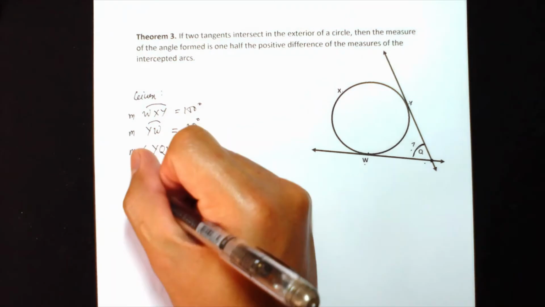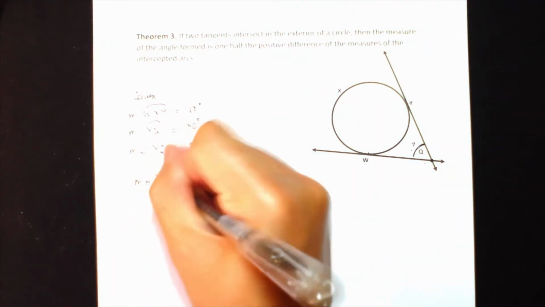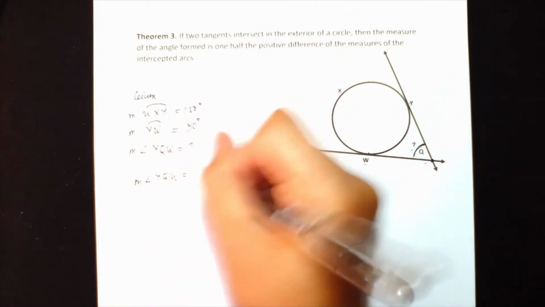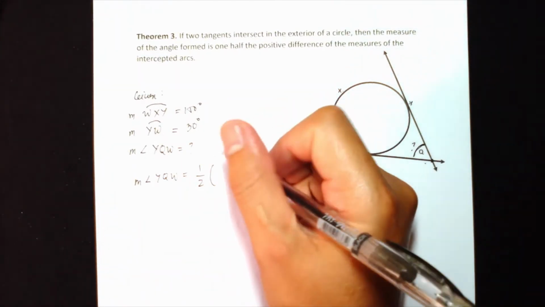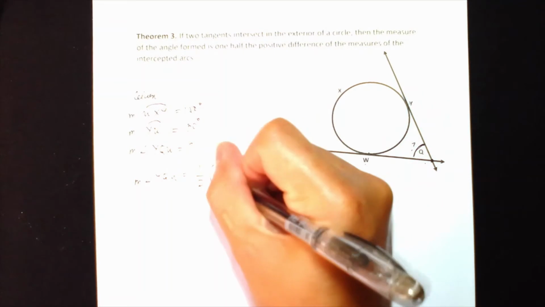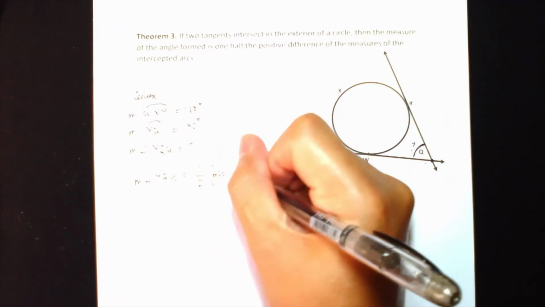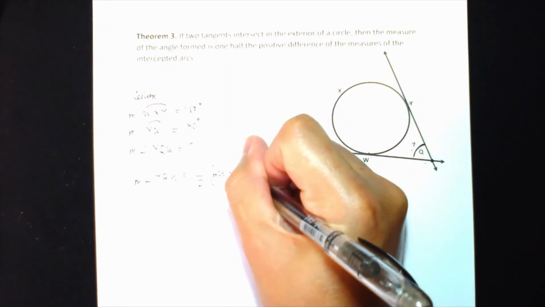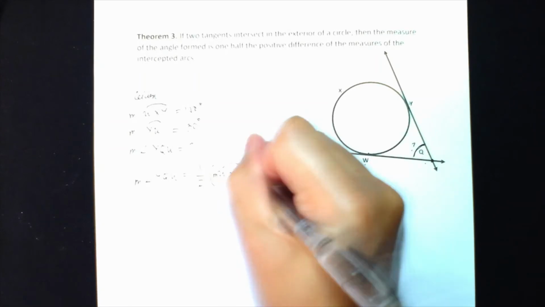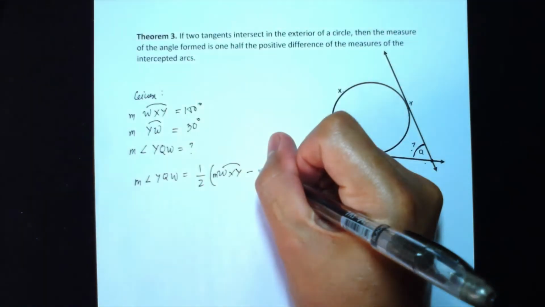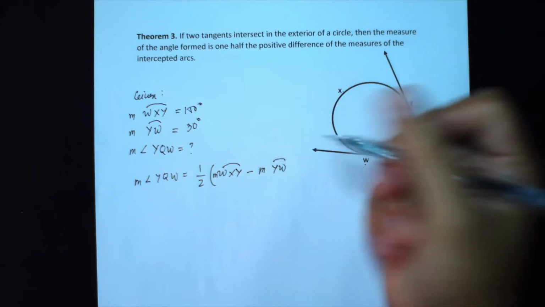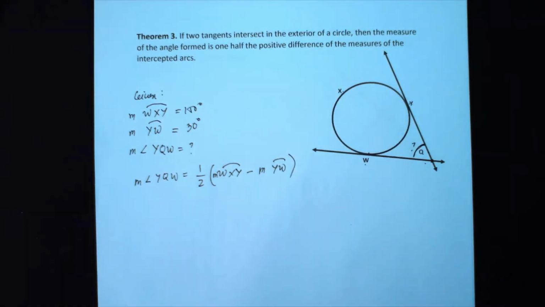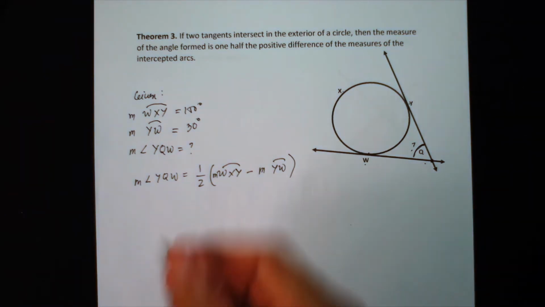So the measurement of angle YQW is equal to 1/2 multiplied by the difference: the measurement of arc WXY minus the measurement of arc YW. Let's substitute.